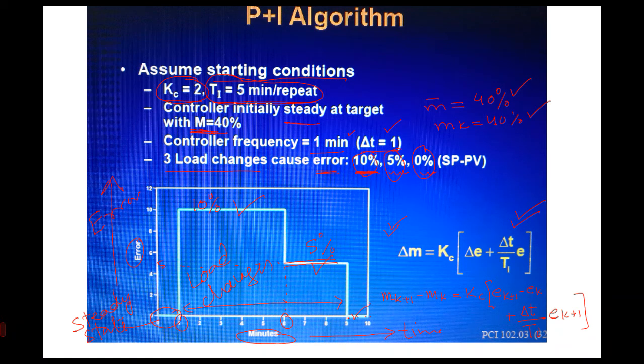So we are going to study how the PI controller is going to react. We have this equation: mk plus 1 minus mk equals Kc times delta E plus the integral term, delta t upon Ti times E of k plus 1.